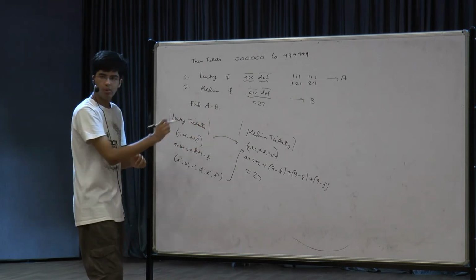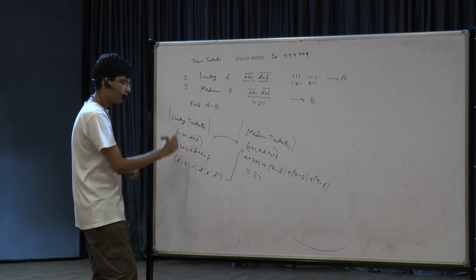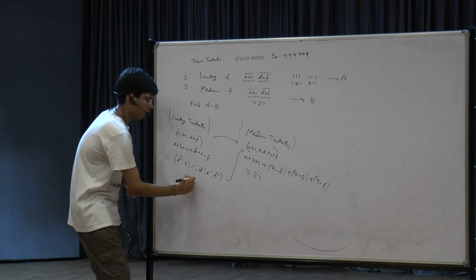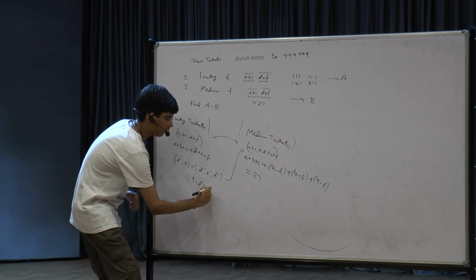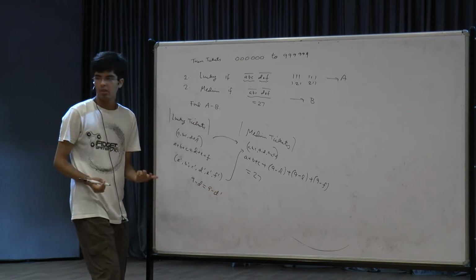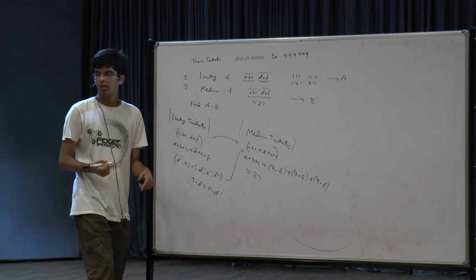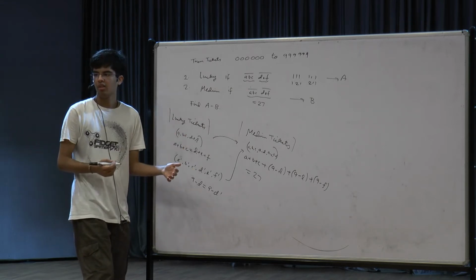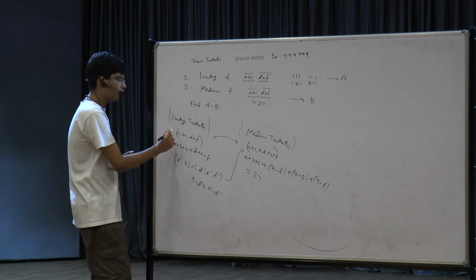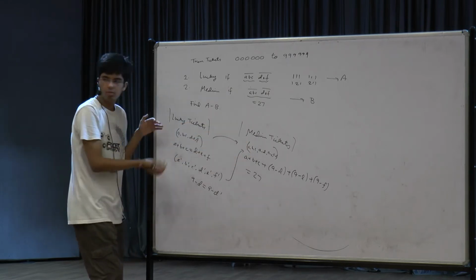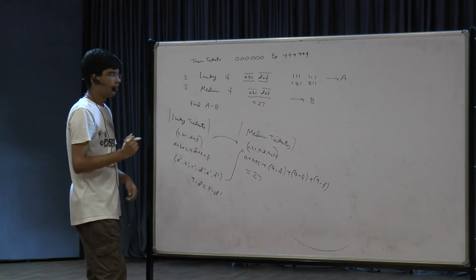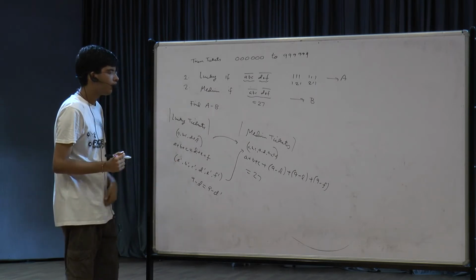Similarly, B and B prime, and C and C prime. Now for D and D prime, 9 minus D and 9 minus D prime have to be the same, so D and D prime have to be the same. Similarly, E and E prime, F and F prime. So if two things map to the same object, they have to be the same. So this is injectivity.